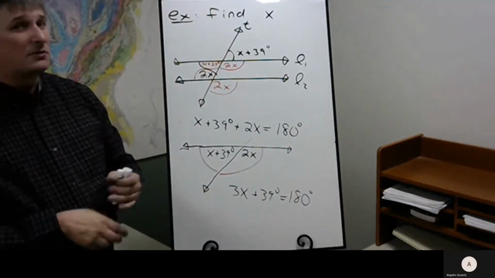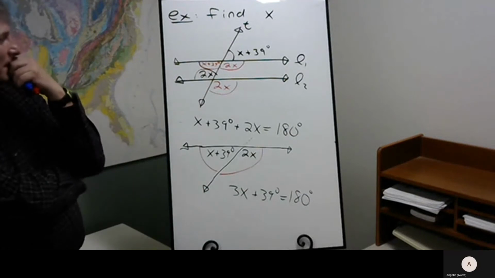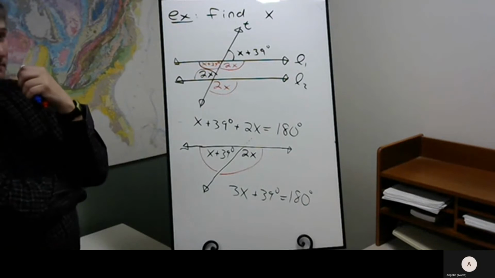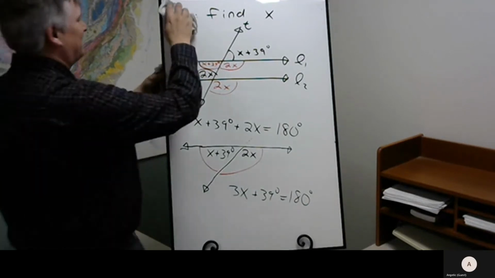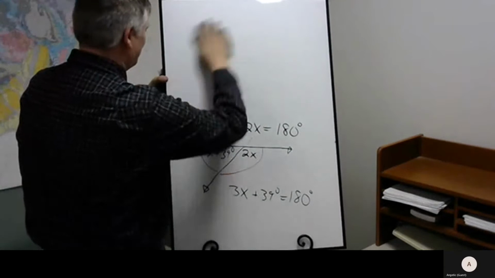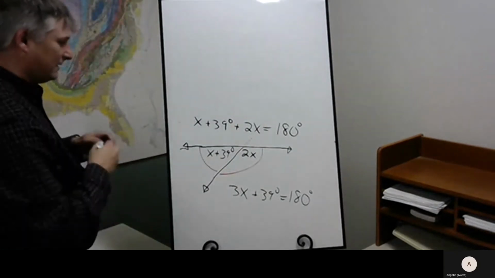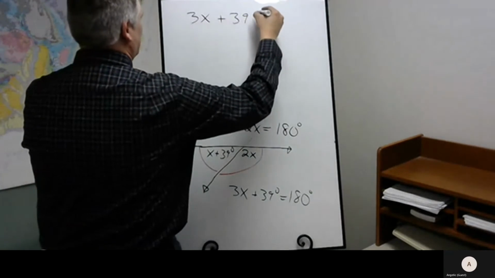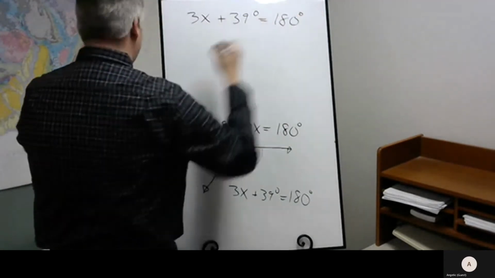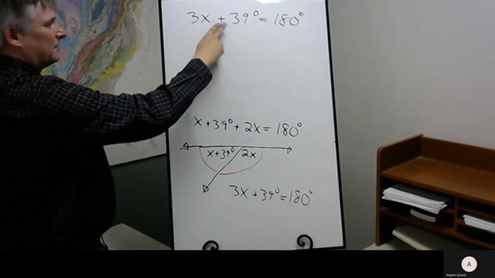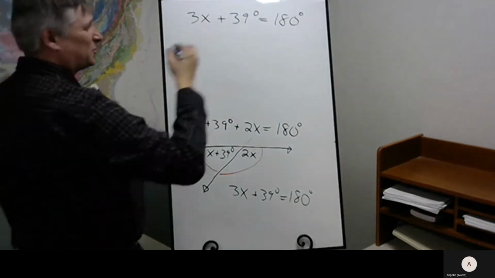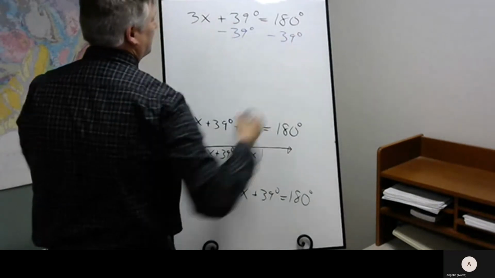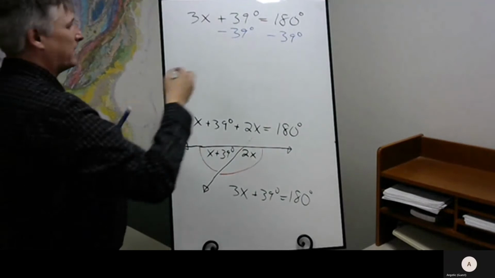So any questions so far? All right. Again, we're going to deal with this first, deal with this second. So subtract 39 from both sides. It's going to be 141.